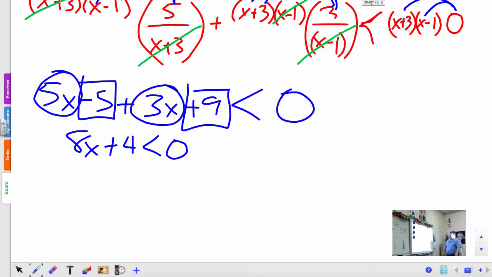Now, if I solve this, when I move the 4 over to the other side, I get x is less than negative 1/2. Now, I don't know if you guys realize this, but this is the exact same problem that we had before. Okay.